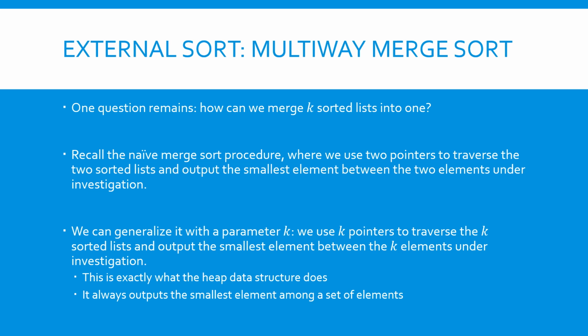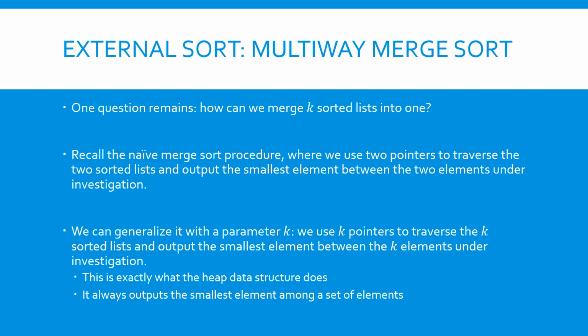Still, one question remains. How do we merge k sorted lists into one? For the naive two-way merge, we know that we shall maintain 2 pointers to traverse the 2 input lists, and output the smaller one of the 2 pointer-bearing data elements. We can generalize the task to the k-way merge.